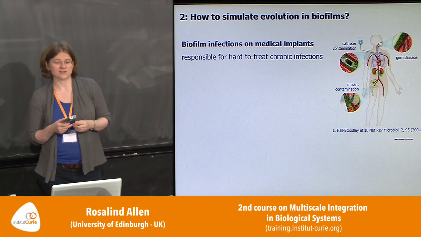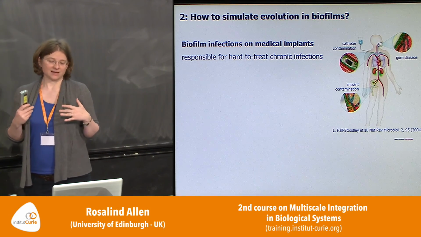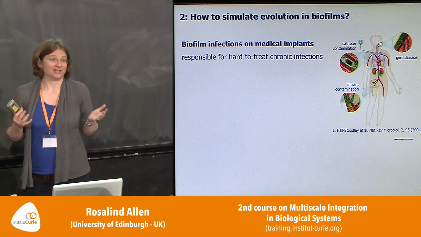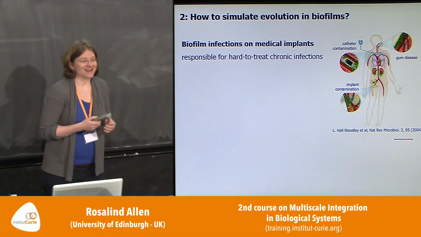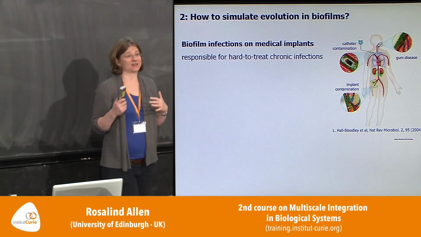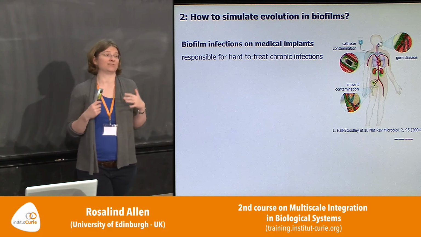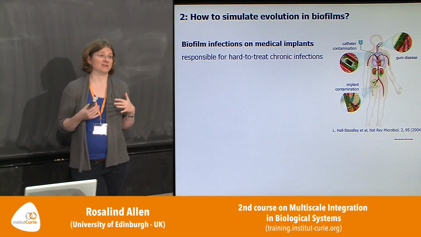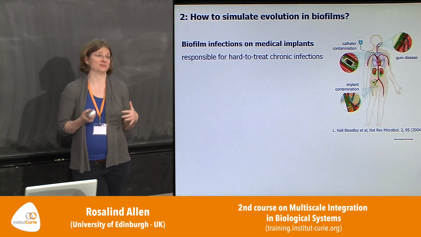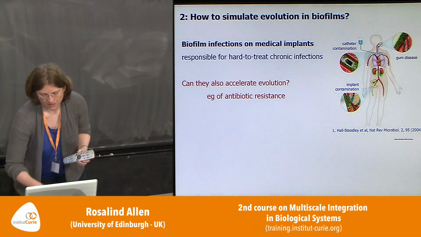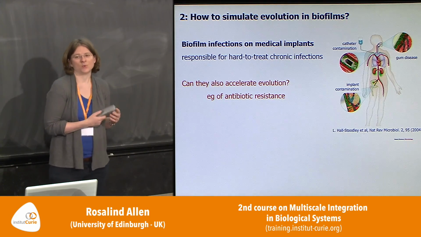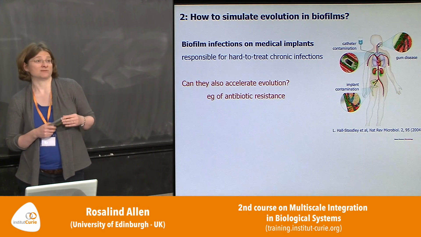They can form on medical implants and on teeth. And they can be really hard to treat. People who have a biofilm infection quite often get many rounds of antibiotics which fail to remove the biofilm. And our question is, what does this mean for the evolution of antibiotic resistance?